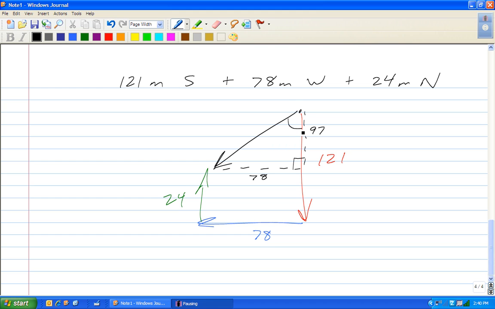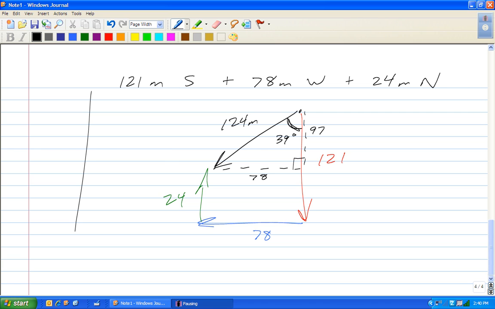I do Pythag, and I get 124 for the magnitude. And then if I do trig, what's this angle? 39 degrees. That sounds right.